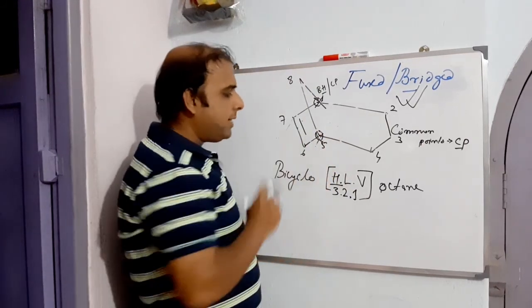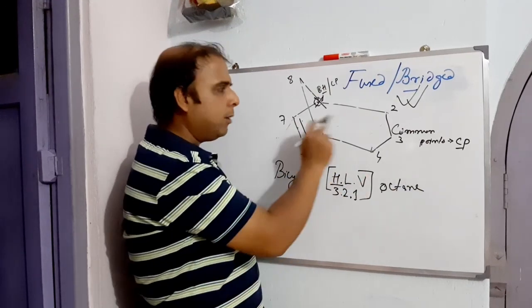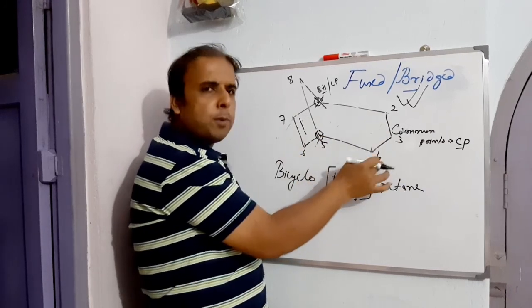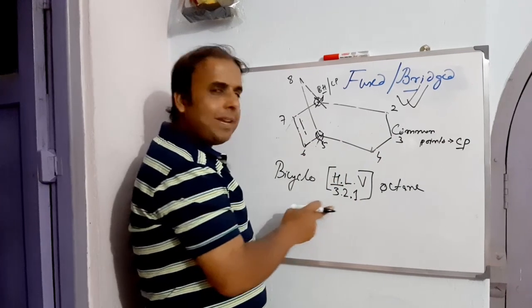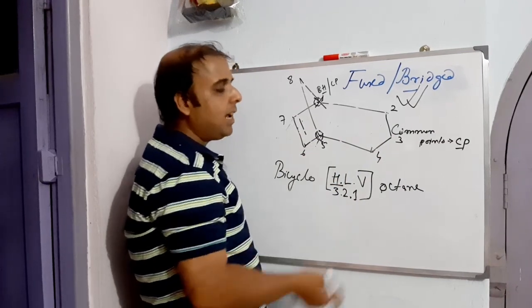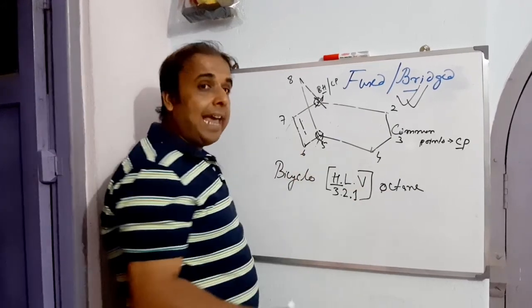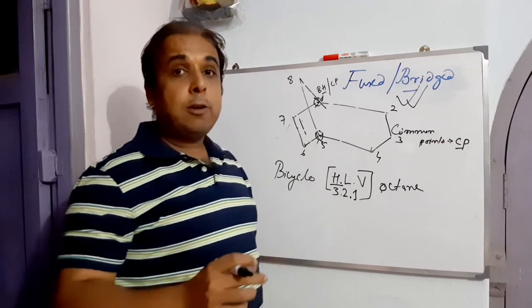Now, the double bond is there. So what should be the naming? Bicyclo, the same system. Then 3.2.1. There is no change in the composition of each and every branch, so it remains the same. And after that, octane. But no longer is it an alkane or cycloalkane; rather, it has become a cycloalkene.